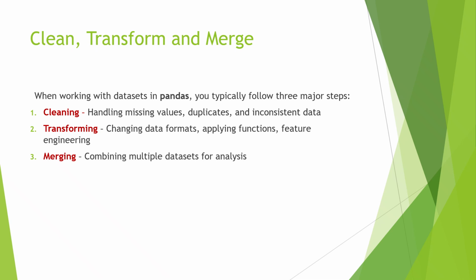Transforming involves modifying the data into a suitable format for analysis, which may include changing data types, applying functions, normalizing values, and performing feature engineering to create new useful variables. Finally, merging is the process of combining multiple datasets into a single unified dataset, allowing for more comprehensive analysis by integrating information from different sources. Together, these steps help to prepare the data for effective analysis and decision making.